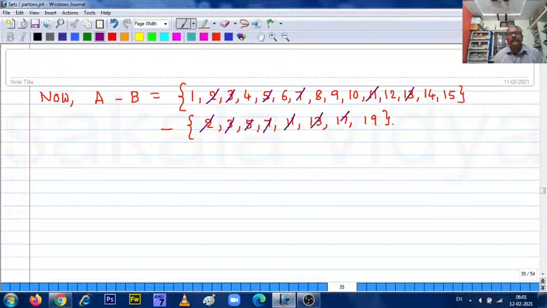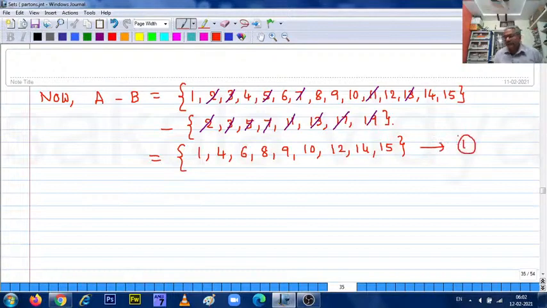So what are the remaining elements only in A? 1, 4, 6, 8, 9, 10, 12, 14, 15. This is A minus B.